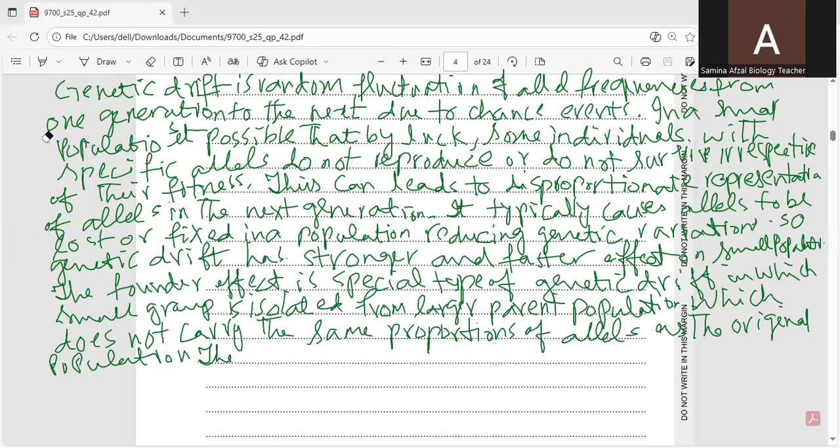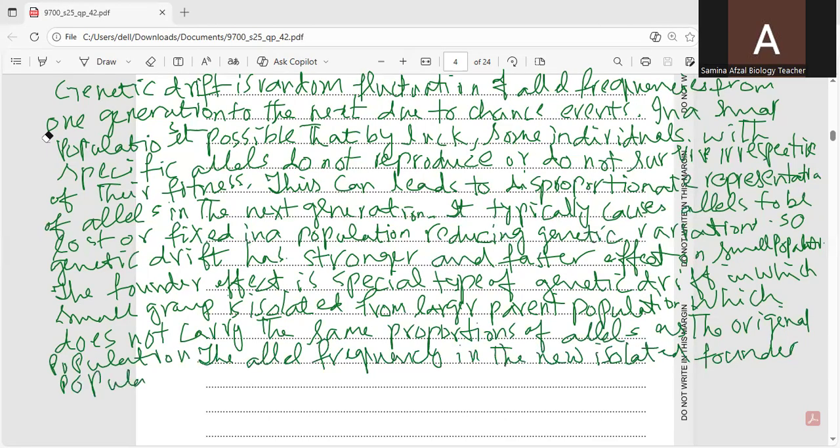So the allele frequency in the new isolated founder population will drastically reflect the gene pool of the new founders.